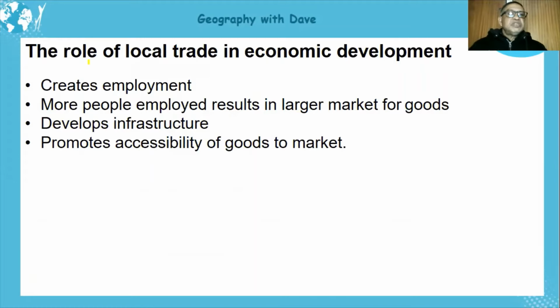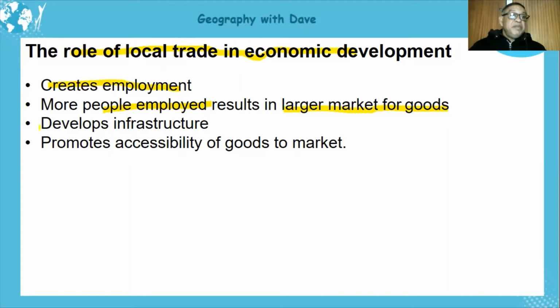The role of local trade in economic development: it does create employment, because you get people trading and movement of goods. Many people employed results in a larger market for goods. So it does improve economic development, more goods, more production.